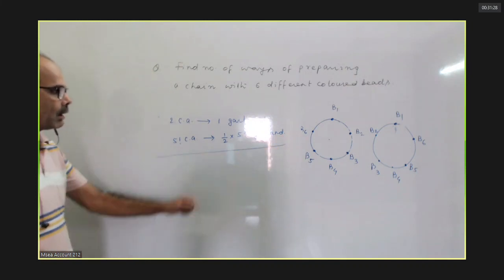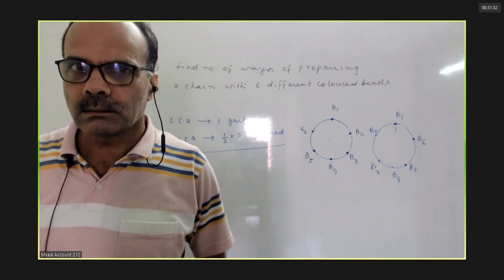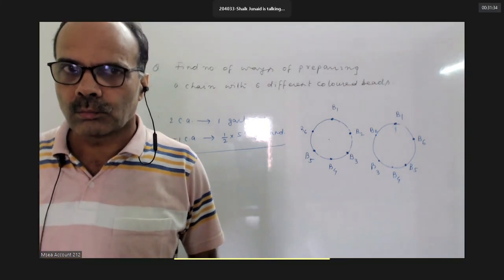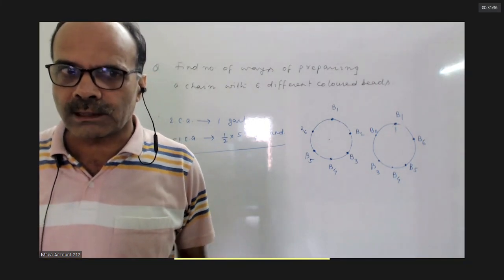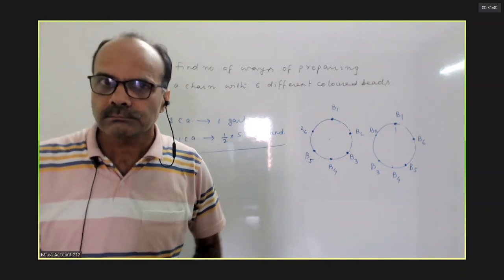How many garlands will there be? 5 factorial by 2, because 2 circular arrangements give us the same garland.